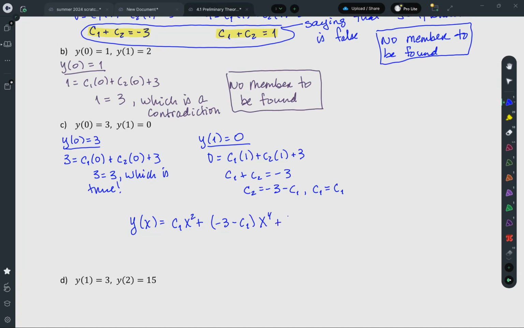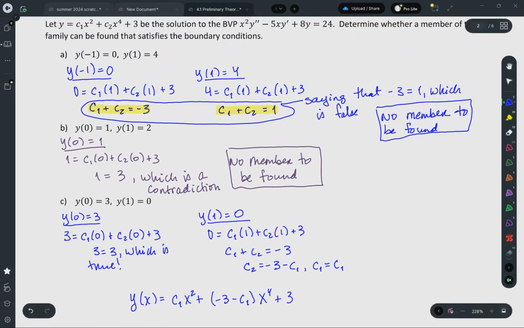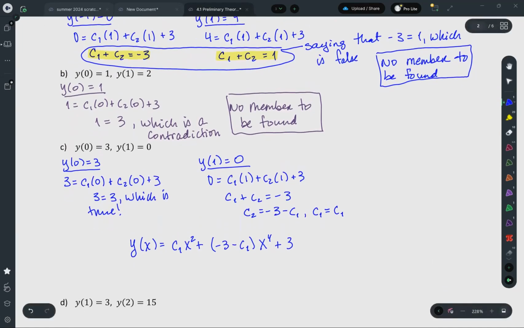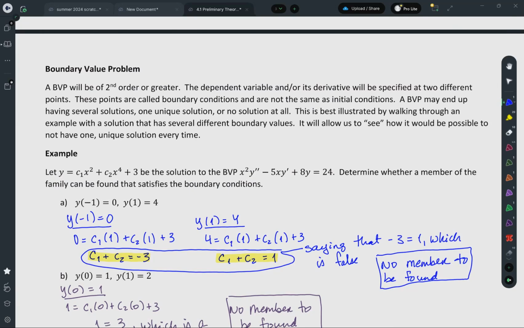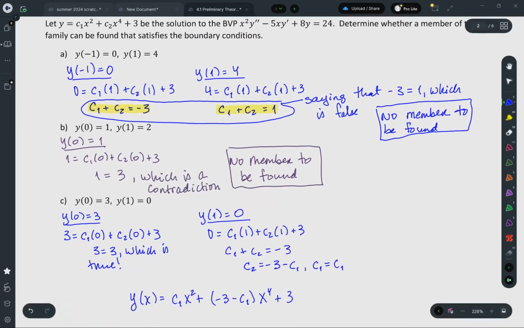And then a plus 3 at the end. And that's about it. This is a member of the family that satisfies the boundary conditions, but there are several solutions, or an infinite number of solutions.